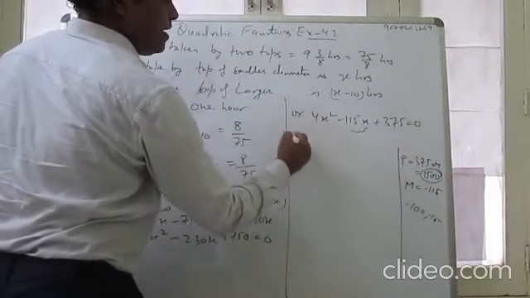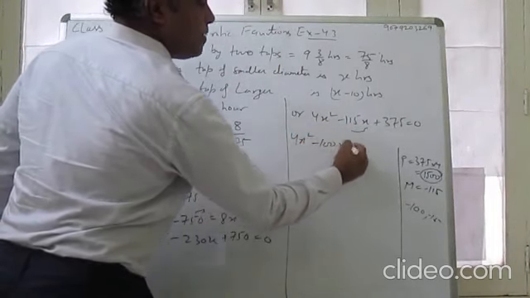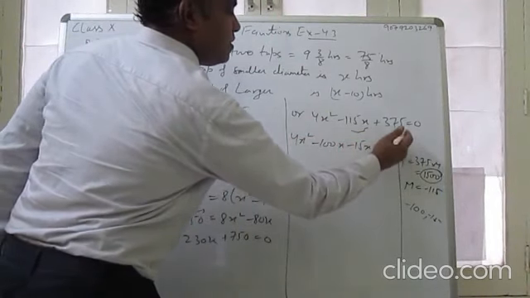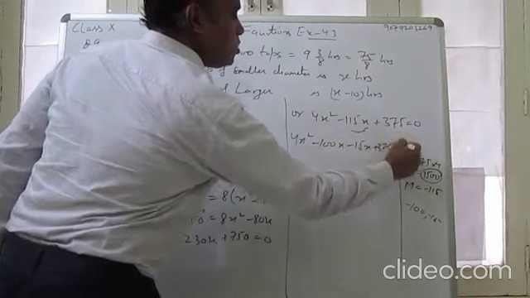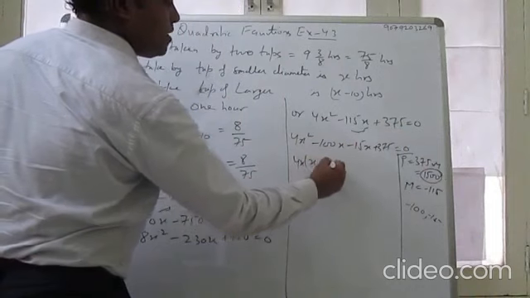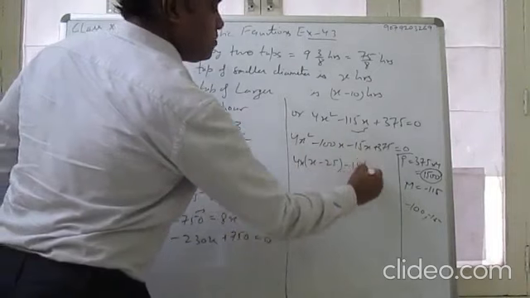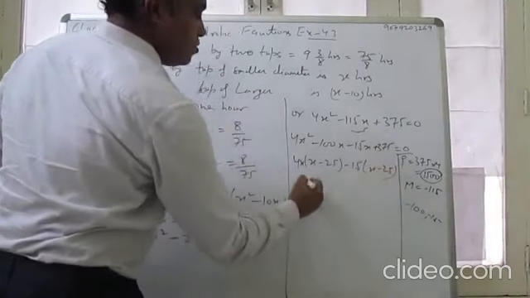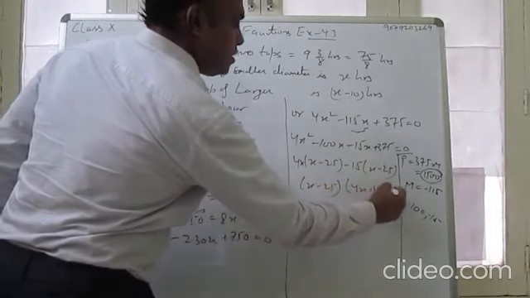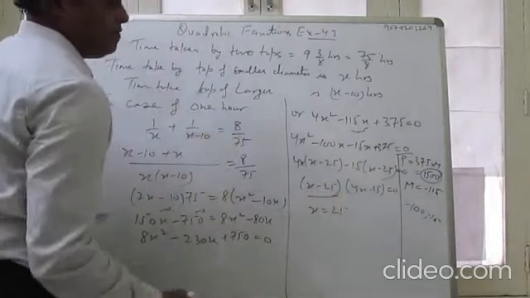Instead of this, you can write 4x square minus 100x minus 15x plus 375 is equal to 0. Now take out 4x common, so it is x minus 25, minus 15 common. So x minus 25, 4x minus 15 is equal to 0. So x is equal to 25.